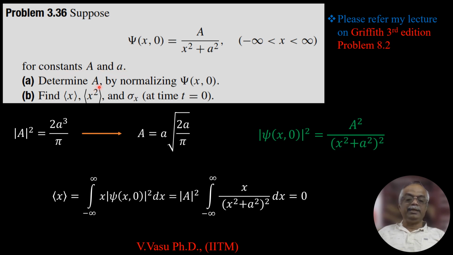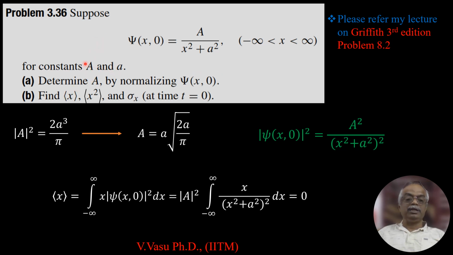Determine A by normalizing the wave function and find the expectation value of x, x squared, and sigma x at time t equal to 0. Now we will solve one by one.